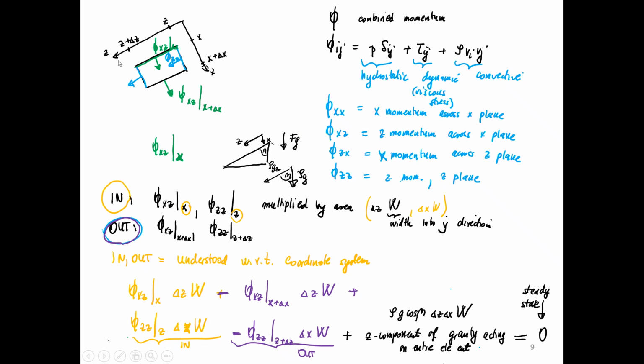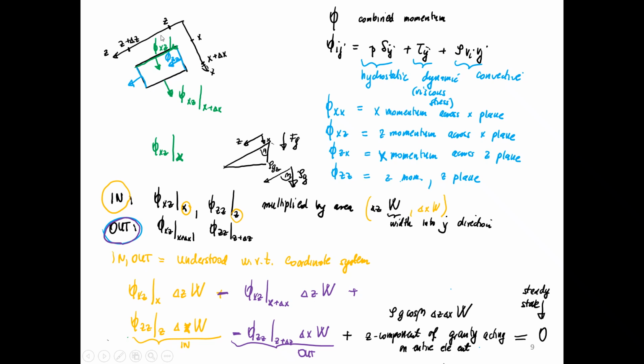Where are they here in this box? So here I have an x plane. So this is going to denote a transfer of z momentum across x plane. Yes? And I have the same here, just in a different location.